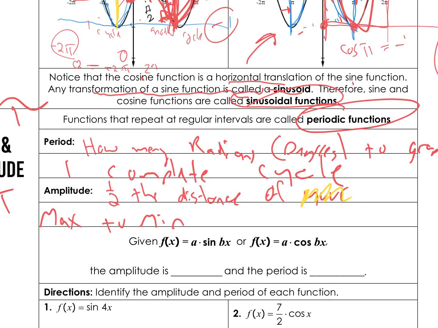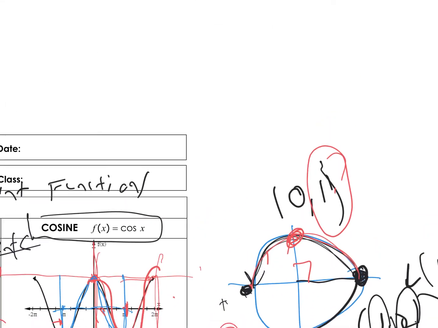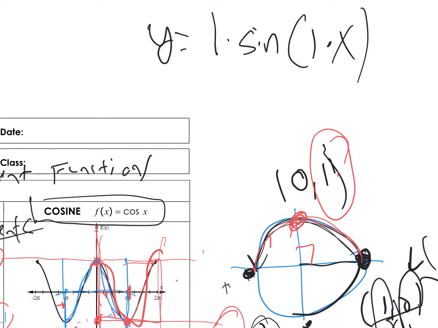Now, since the parent functions are kind of basic, why are they parent? You've got y equals 1 times sine of 1 times x. That's your parent. Whoever writes it like that? Nobody does. We write it as sine of x. Same thing with your cosine.